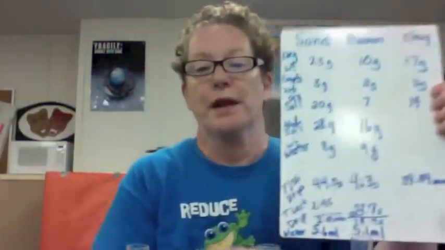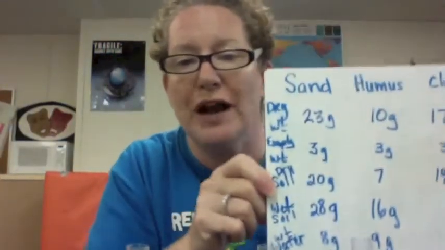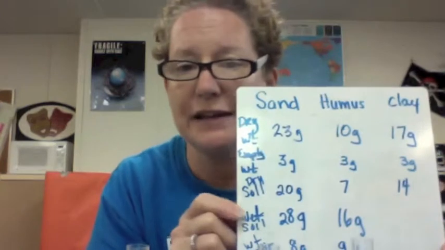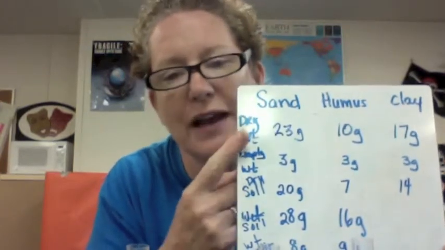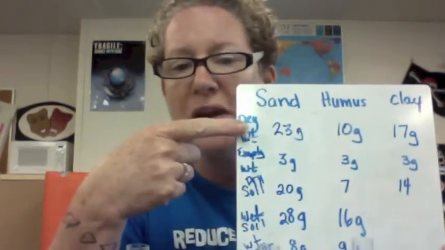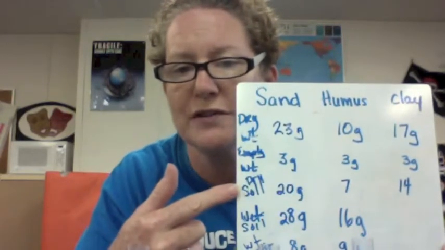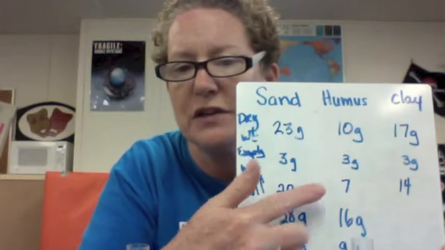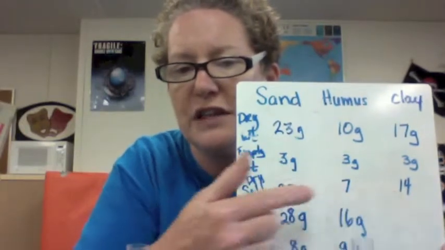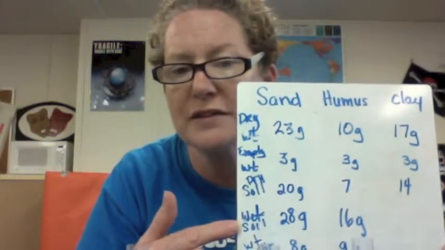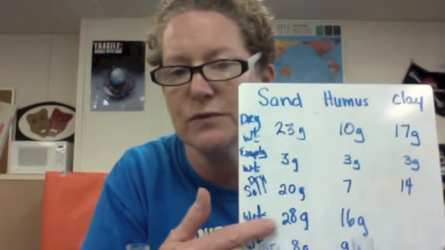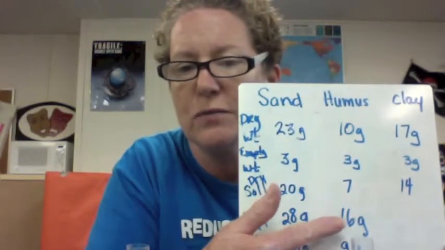Okay, so here's our numbers. Now remember, I messed up on the sand and didn't turn my timer back on, so I had to start over again. So I remeasured the dry weights. Now I have the weight of the dry soil for each of them, 20 grams for the sand and 7 for the humus. And I have the wet soil, for the sand it was 28 grams, for the humus it was 16.